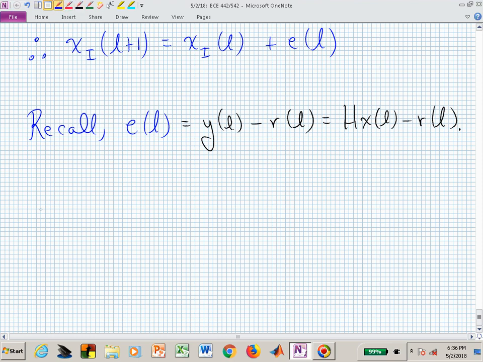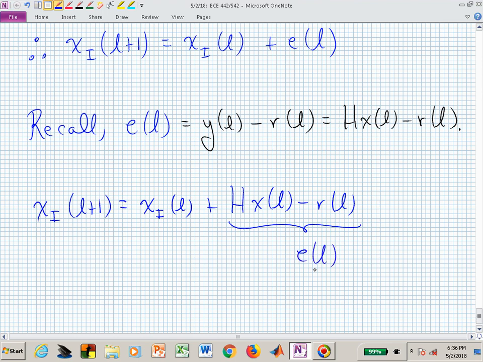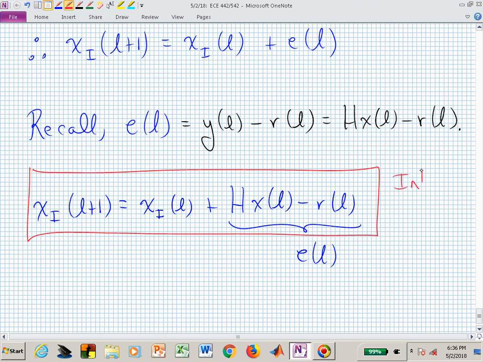Meaning, x sub I of L plus 1 is equal to x sub I of L plus H x sub L minus R of L. This was just our E of L. Where this first order difference equation represents the integral dynamics.